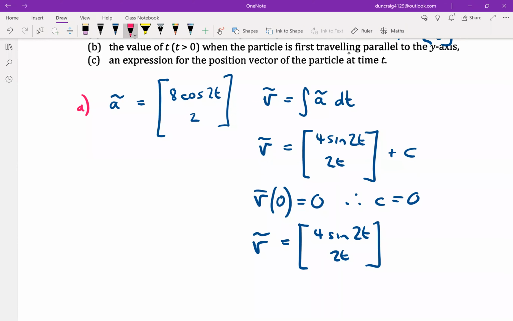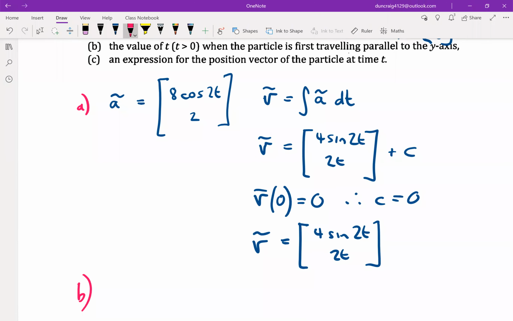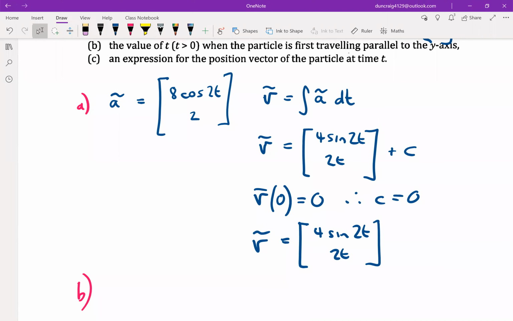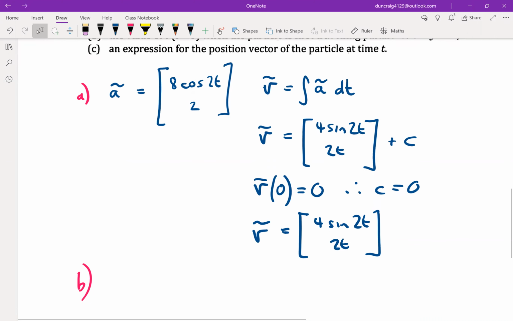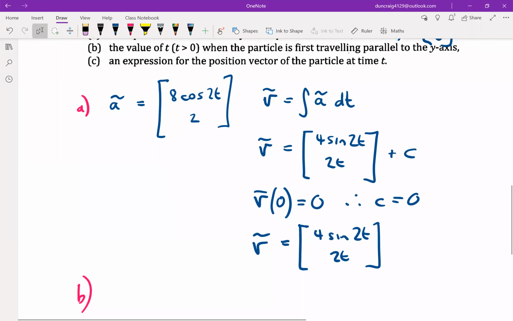If it's traveling parallel to the y-axis, then we're just thinking about its velocity vector, and the horizontal component, we're only looking at the x direction, must be equal to 0.